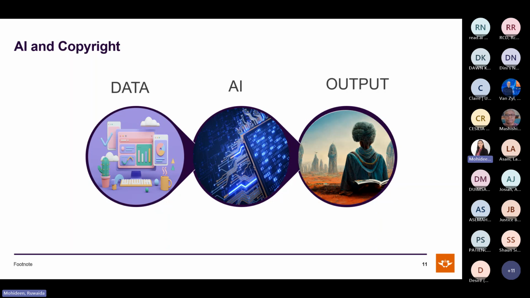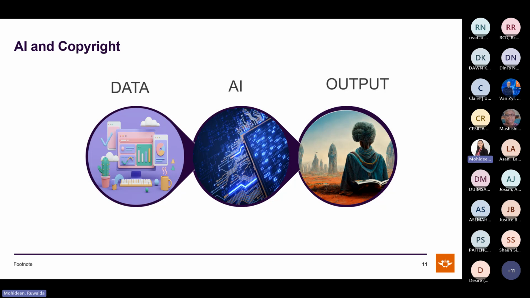So the AI is trained with whatever material it's given, so for example, ChatGPT, which is an open access public AI, will draw from existing data that's available in the public domain. It will process that data and then give you an output. That output then is based on this original existing data.